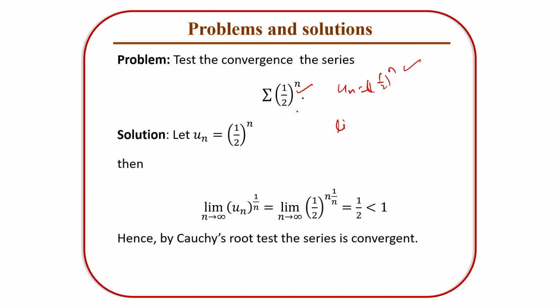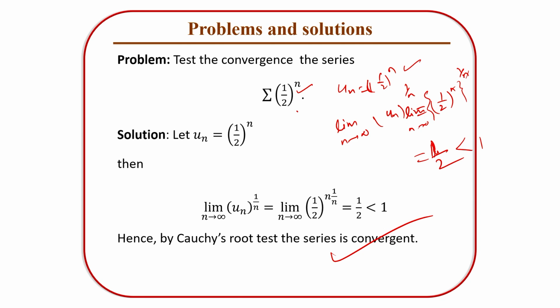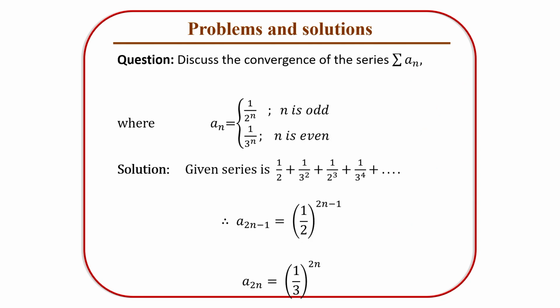So calculating the limit n tends to infinity of un to the power 1 by n, this gives you 1 by 2 to the power n, to the power 1 by n, taking the limit n tends to infinity. So n cancels out, and this gives you directly 1 by 2. 1 by 2 is less than 1, henceforth by Cauchy root test the series is convergent.